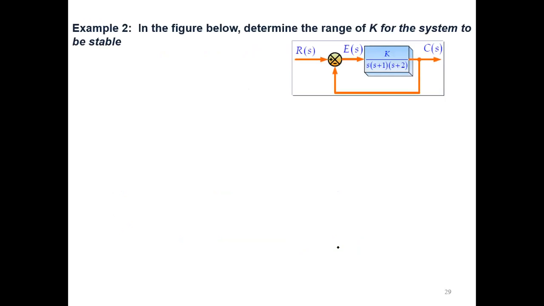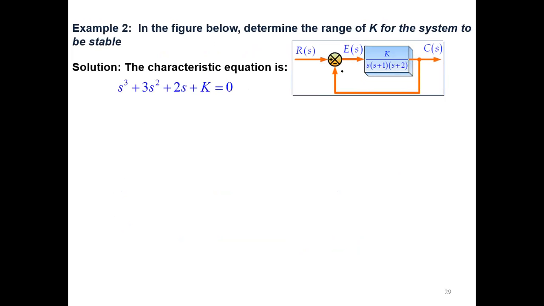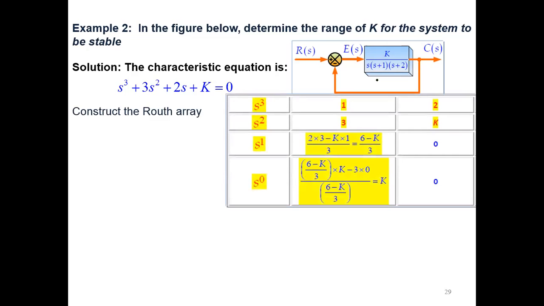In the second example, determine the range of k for the system to be stable. So first of all, our first step will be to calculate the characteristic polynomial. The characteristic equation is the denominator of the closed loop feedback system. We construct the Routh array.